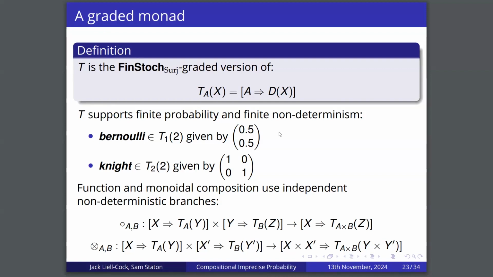And then when we look at functional and monoidal composition, we have the same compositions as before. When we have a function from X to T_A Y, and Y to T_B Z, we can think of this as one program which invokes A non-deterministic choices and returns Y, and another program which takes a Y, invokes B non-deterministic choices and returns a Z. When we compose them together, we get a grade of type A times B. So we look at all possible non-deterministic paths in the first branch, independently combined with all possible non-deterministic paths in the second branch.